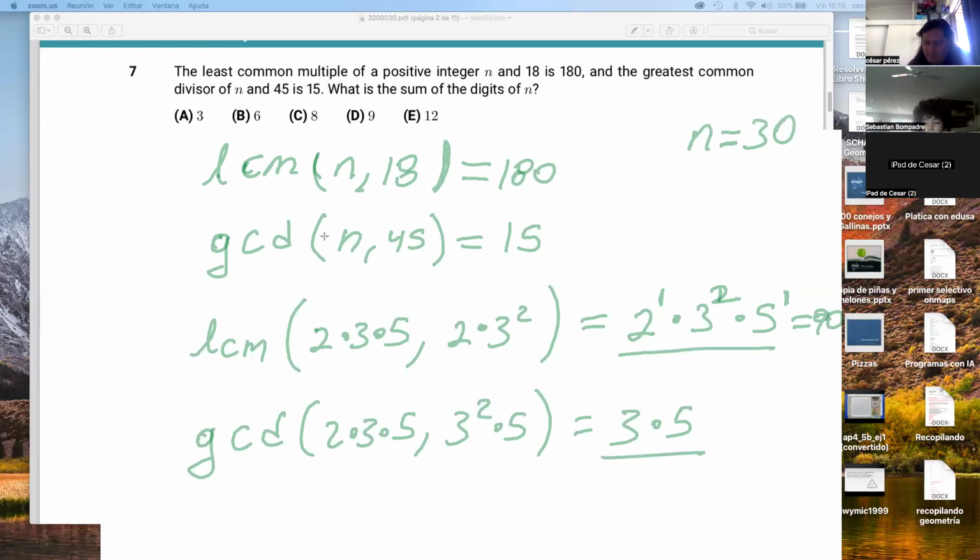Do you understand that if we use 30, we will get 90? Si usamos 30, el mínimo común múltiplo va a ser 90. So n cannot be, and it's not 30. Must be other number. So the answer is not A.